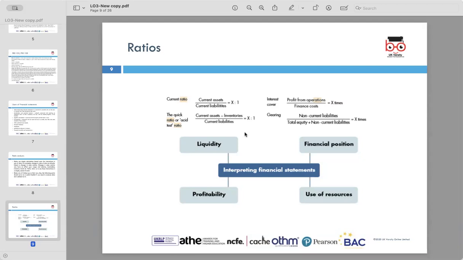When we talk about quick ratio, this ratio is similar to the current ratio but excludes inventories from current assets, providing a more stringent measure of liquidity. This ratio focuses on the most liquid assets, ensuring that a company can meet its short-term liabilities without relying on the sale of inventory.